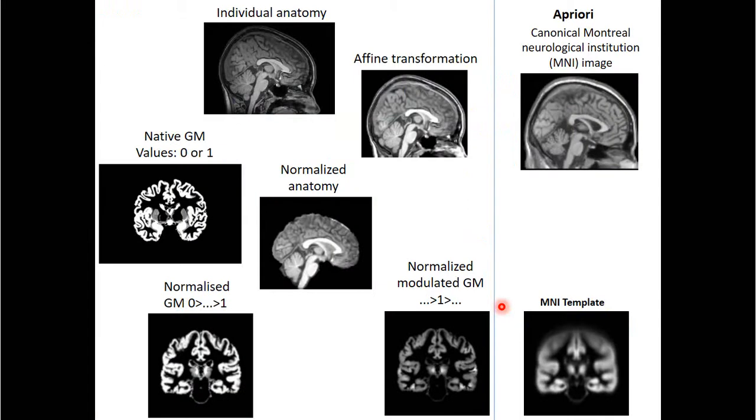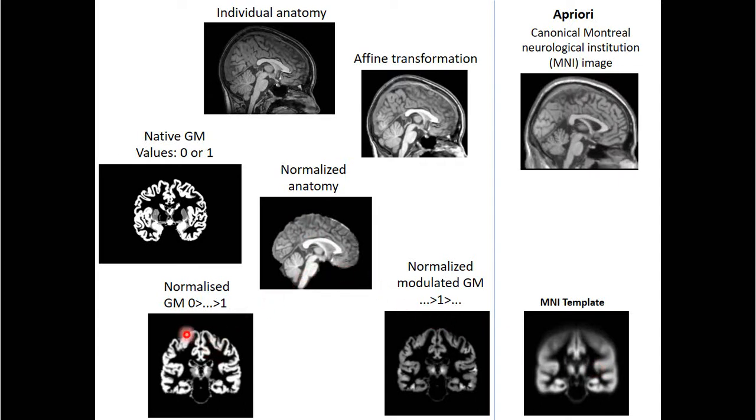So this is a scheme of the stages that we pass. Individual anatomy, affine transformed. You use the canonical Montreal template. Then you get segmented native gray matter. After that you get a normalized anatomy, normalized towards the MNI template.